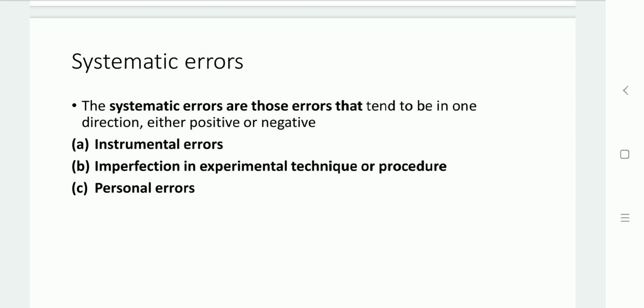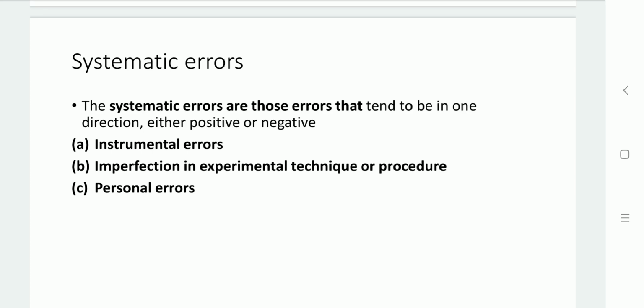To measure any value, whatever technique or procedure we are supposed to follow, these ideal steps have to be maintained. But if the technique or procedure is not maintained properly, then error can be produced.